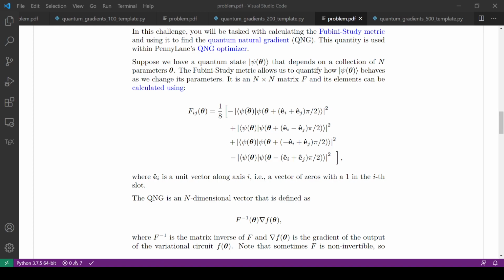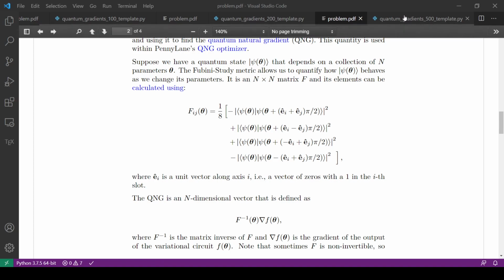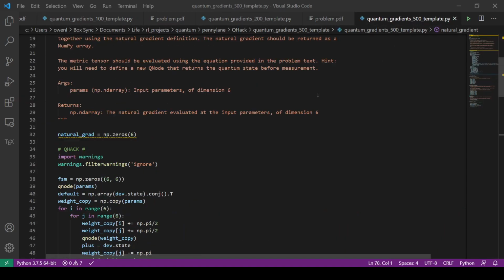But that was too much work, so to be honest, I did this the lazy cheating way. I mean, not actually cheating in terms of the competition, but cheating in terms of you can't do this on a real quantum device.